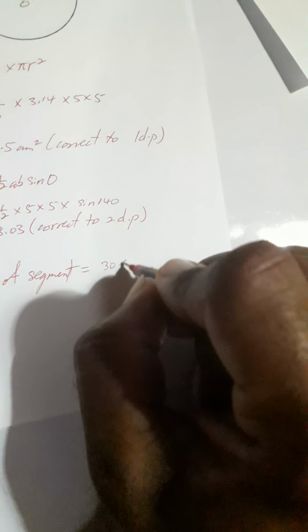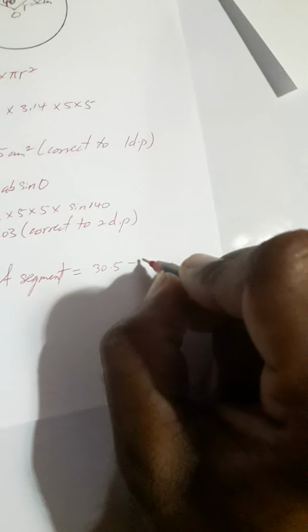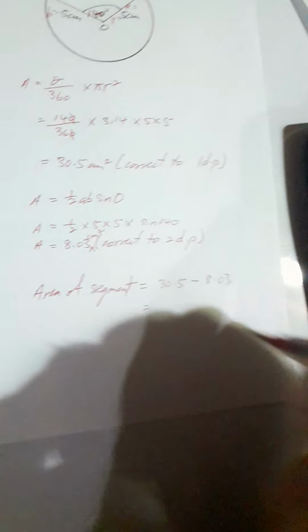Now we'll find the area of the segment. Let me write it out. Area of segment equals 30.5 minus 8.03. Just use our calculator. I forgot, this should be cm square.